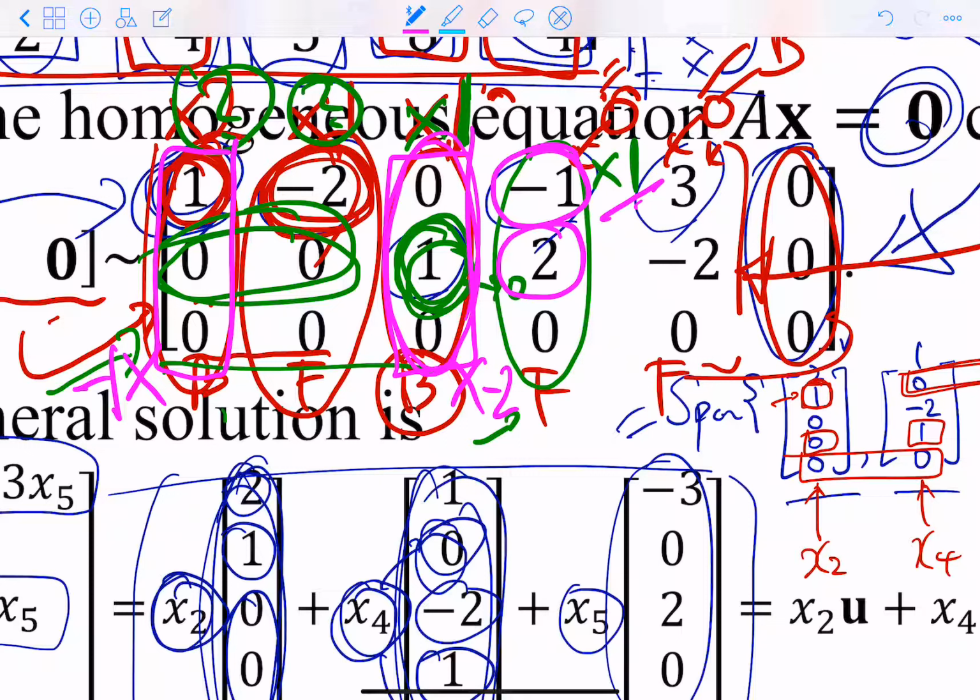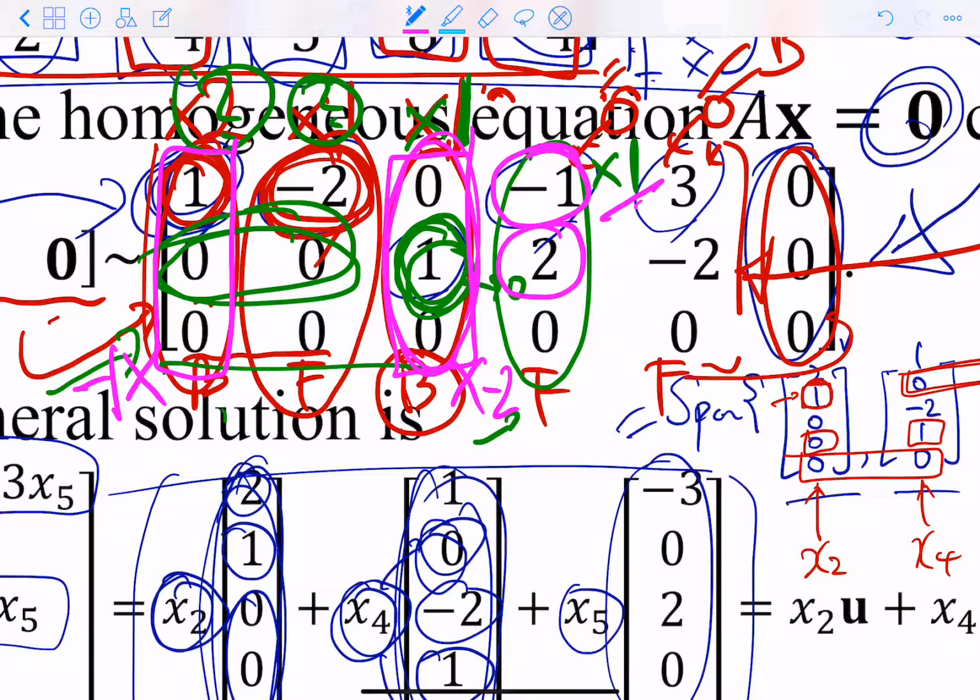Because we already have really simple vectors like 0, 1, 0, 0, 0 and 0, 1, 0, 0, 0. And the free variable doesn't have any non-zero elements beyond the vectors that we already found, the vectors that have only one non-zero entry.